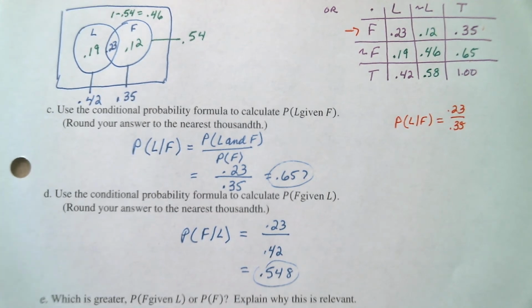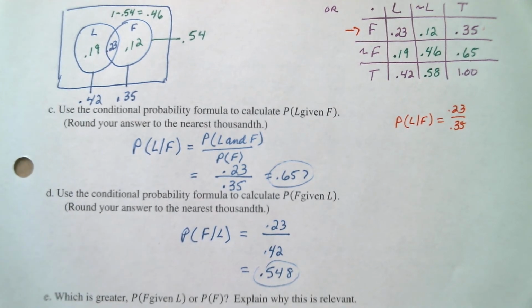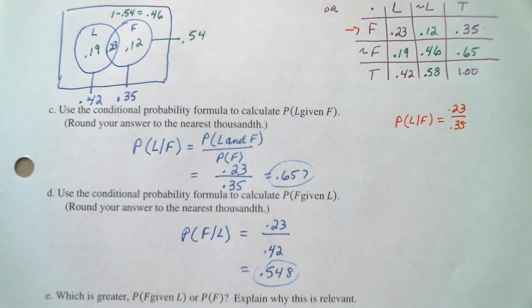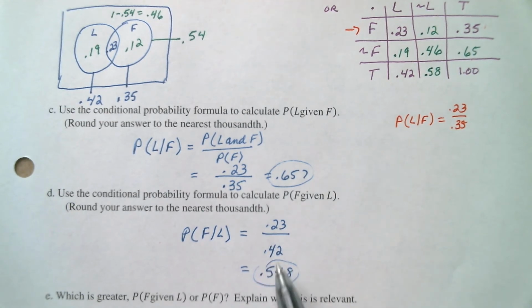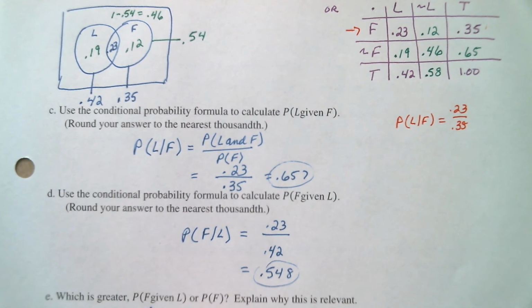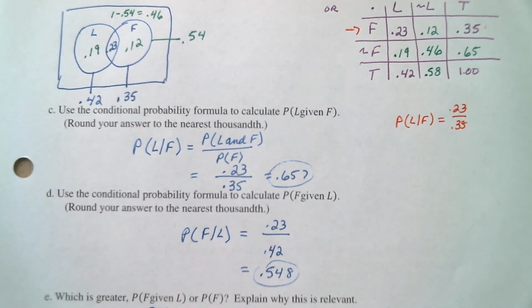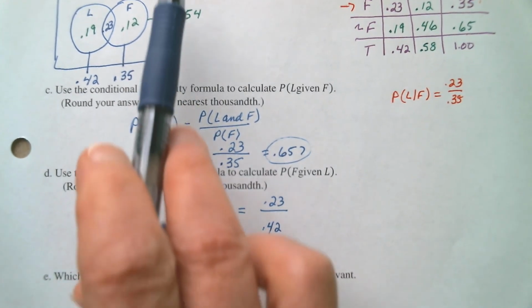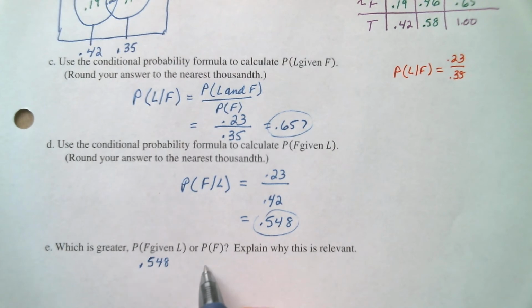Which is greater, the probability of F given L or the probability of F? Okay, so F given L is our 0.548. I think I transposed some digits there. The probability of F is 0.35.